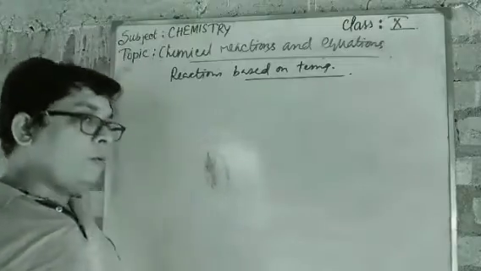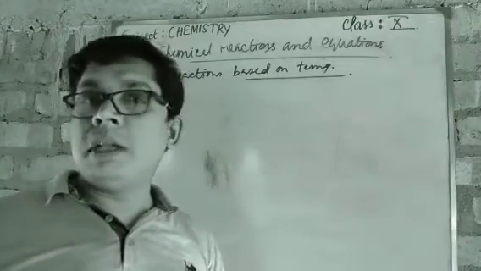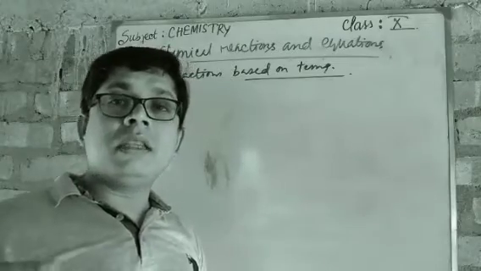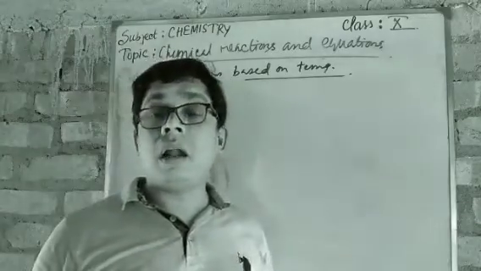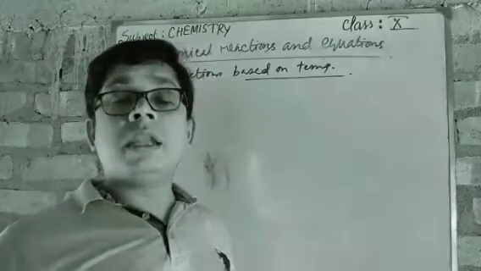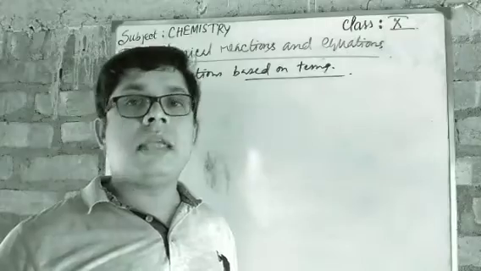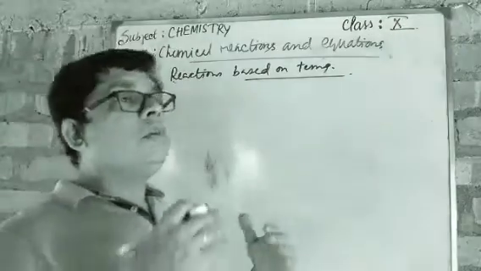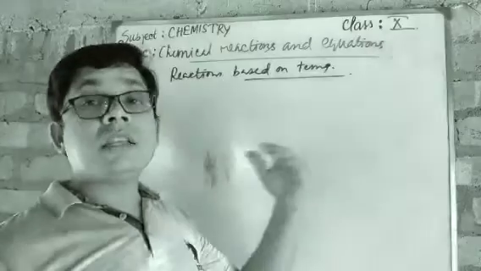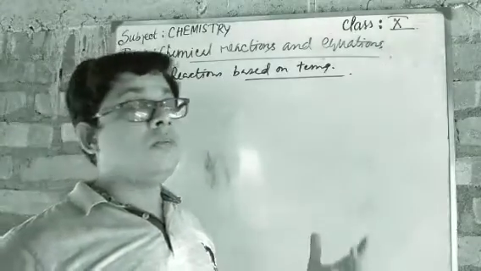Look, we have read reactions based on temperature in the decomposition reaction, right? Because in decomposition reactions, thermal reaction happens, then photolytic reaction happens, electrical reaction happens, so it means they need the temperature. That's why decomposition reactions are totally connected with the temperature. It means the reaction that involves temperature.